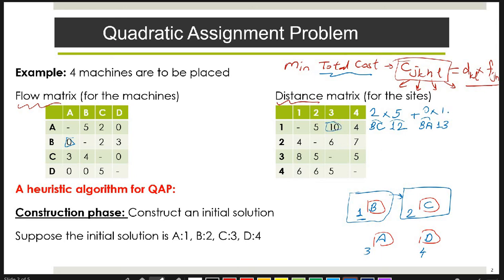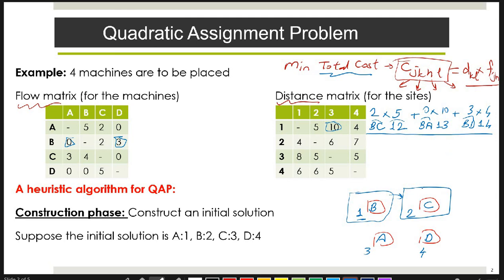Plus, I'm going to calculate the cost between B and D, where B is assigned to 1 and D is assigned to 4. The flow between B and D is 3 units, and the distance between 1 and 4 is 4 units. So this is all the costs associated with machine B sending material to other machines.